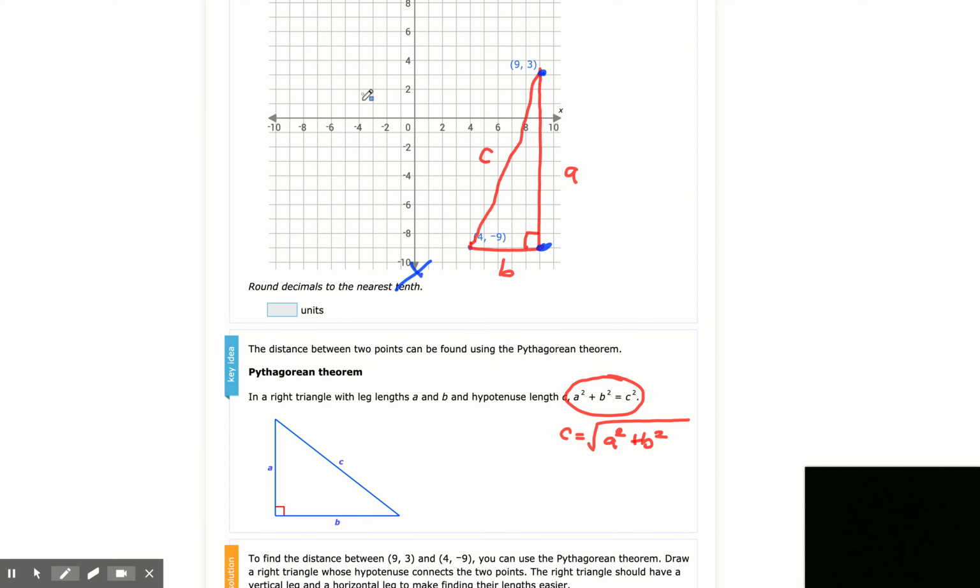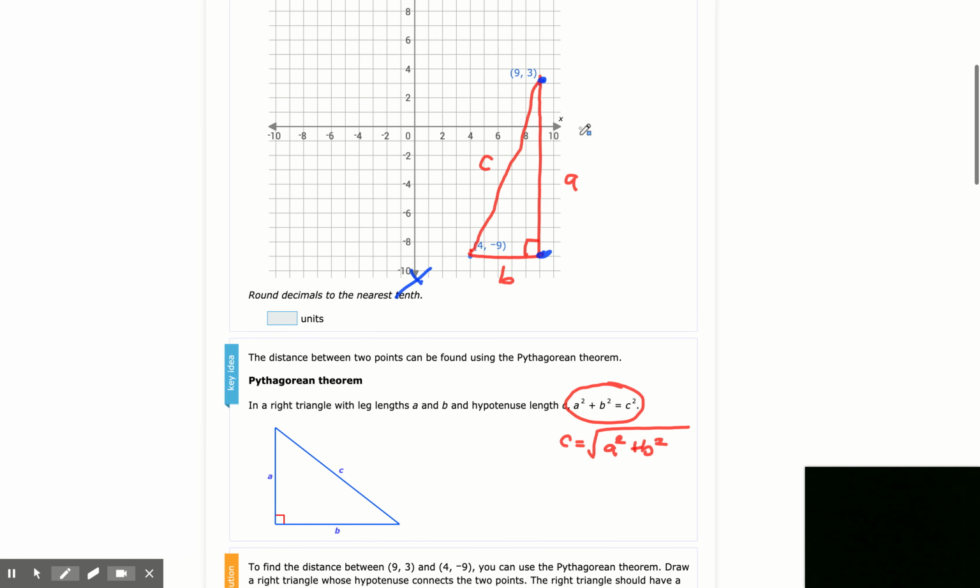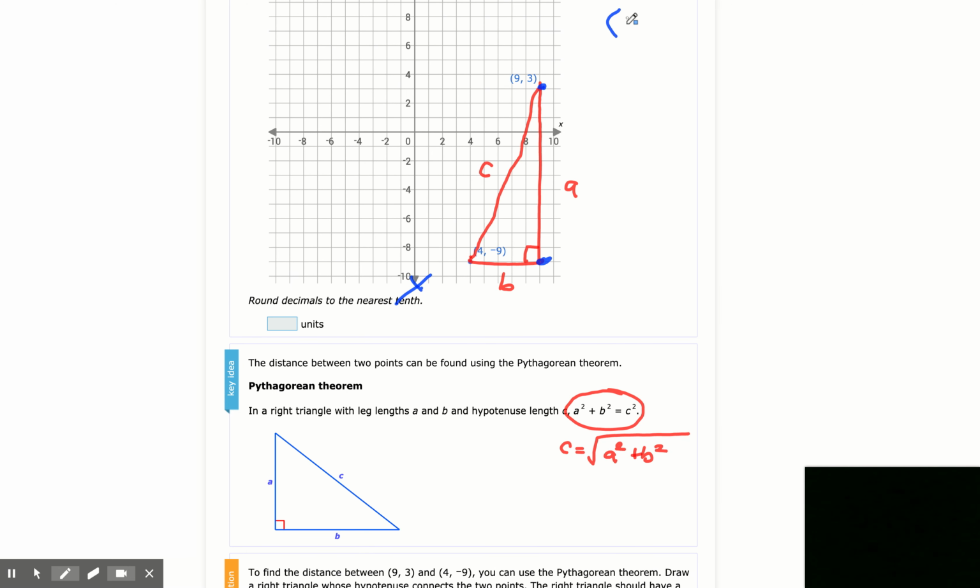If we think about coordinate planes, it's always written x, y. We're looking only at A, so we're only going to look at the y's.